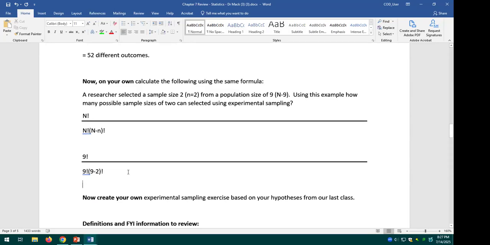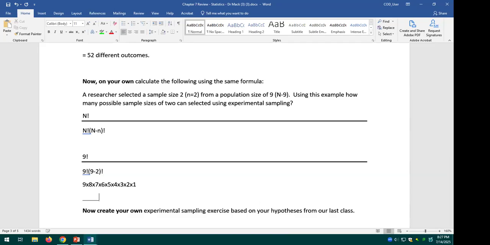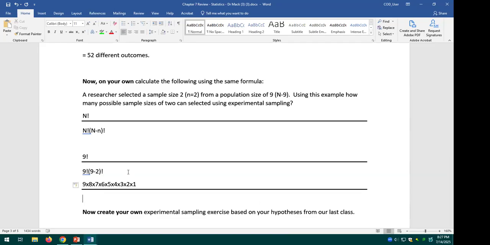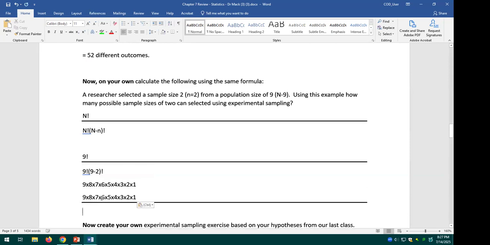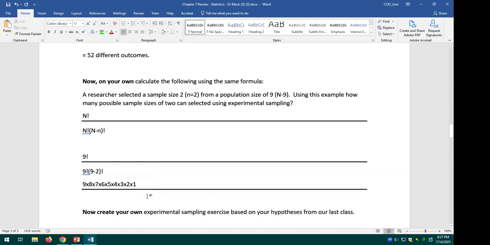So then if you wrote it out, it would be 9 times 8 times 7 times 6 times 5 times 4 times 3 times 2 times 1 divided by, all right, fine, let's write it out.